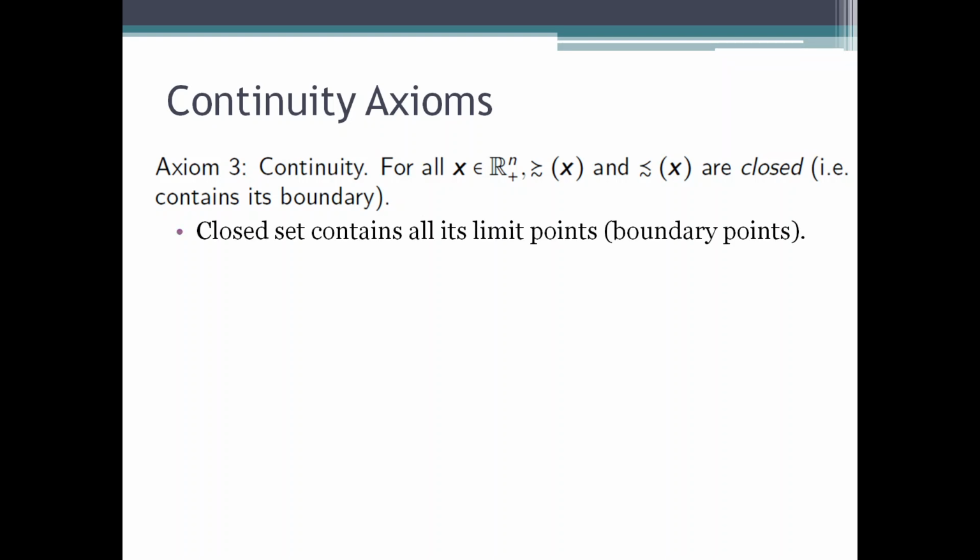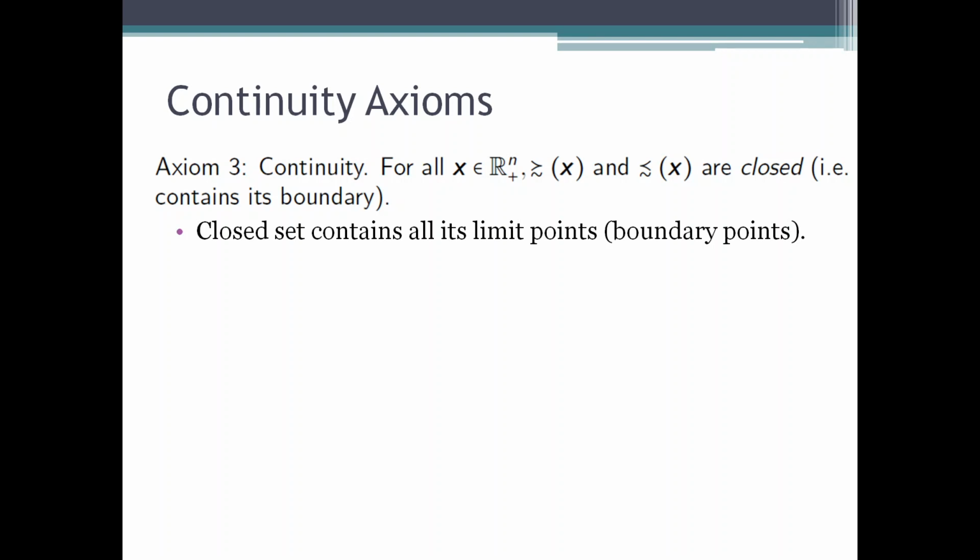A closed set contains all its limit points, boundary points. Just remember when I first showed you the consumption set, I told you this is a closed set, a closed circle. This means that this circle contains all the points inside it, and even the points on its boundary.